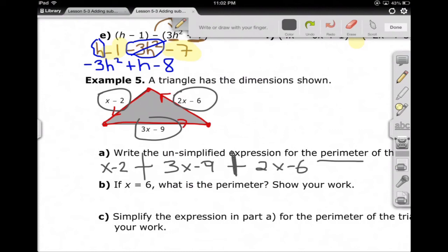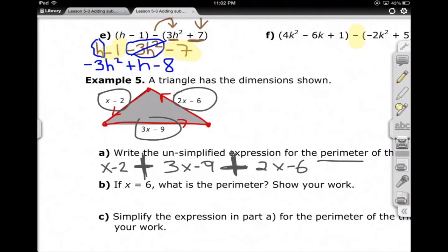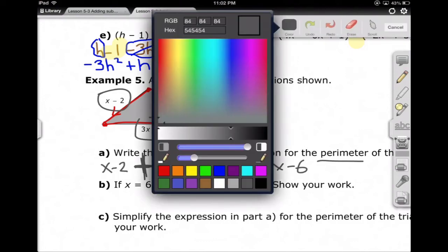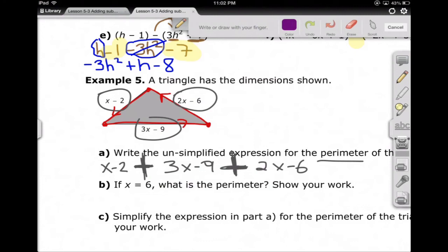I like to write it like this because it really shows what things I'm combining. Those larger size plus signs aren't there to throw you. I just want you to know which side was which. If x is equal to 6, go ahead and figure out your work. Well, in an unsimplified expression, I haven't gathered any terms. You can sort of see what's coming.